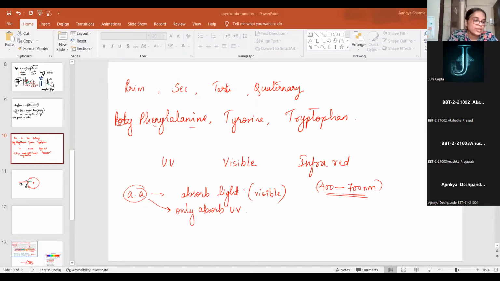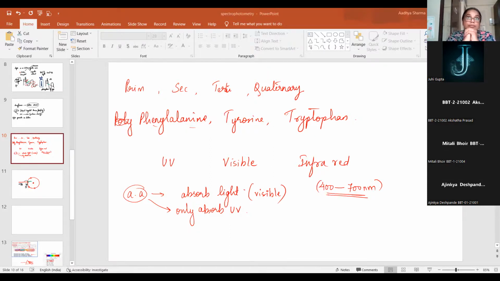Any doubts, anybody? Okay, great. What else did we discuss in this? I also gave you a definition of polarization, right? What are the two components of light?